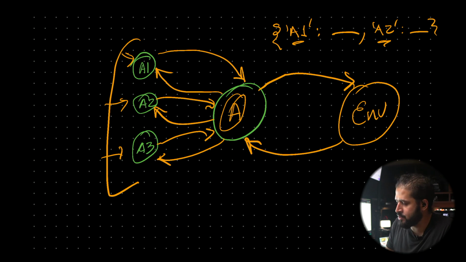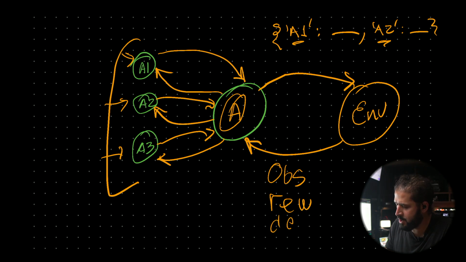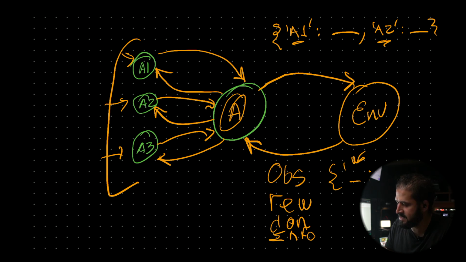Now, when you return stuff, instead of returning observations, rewards, dones, and infos, each of these is going to be a key value pair where the key is going to be the agent that should get that observation, and the value is going to be the actual observation that the agent should get.